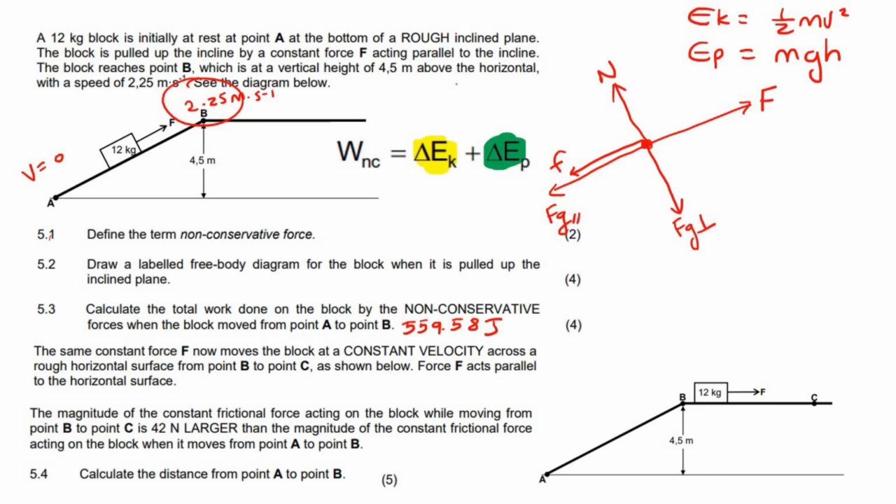I'm going to use F net equals MA. From B to C, the only forces acting on the object are this applied force, a friction force, gravity, and a normal force.